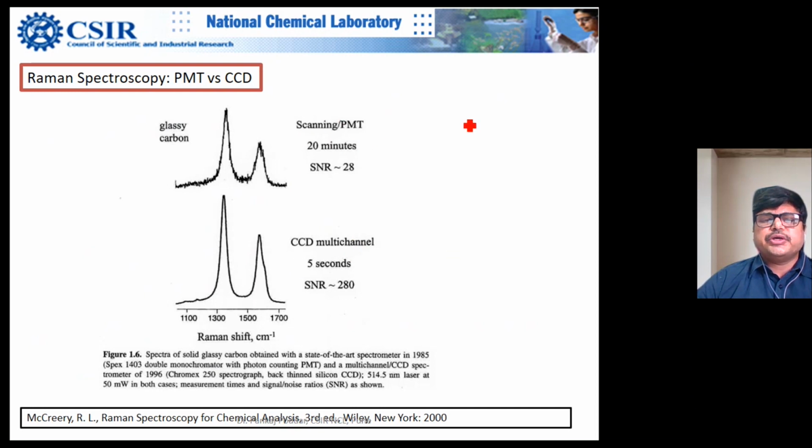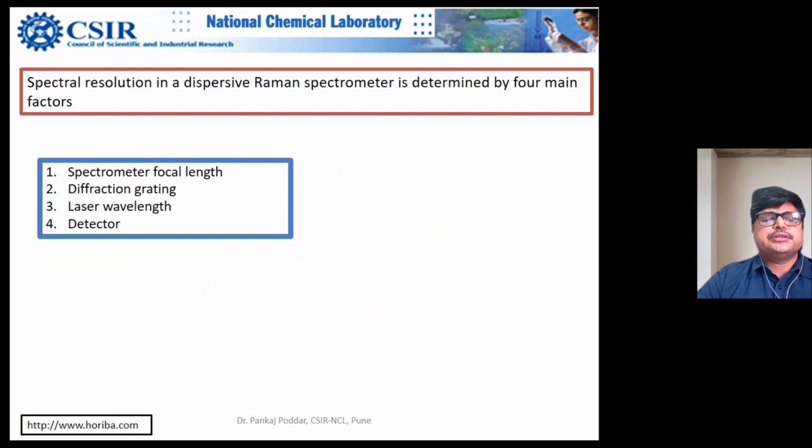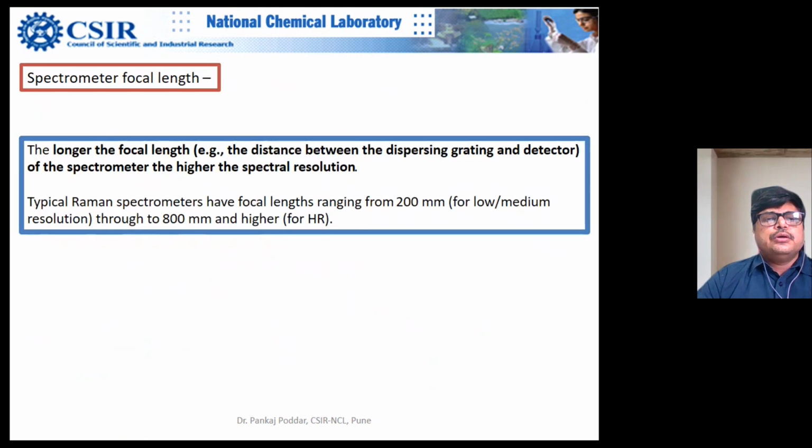Here you have to record one by one and it takes a long time, in this case 20 minutes. And the signal to noise ratio is very poor, it is 28, while here it is an order of magnitude higher, 288, and the recording time has really come down. So normally we use CCD or indium gallium arsenide based detectors.